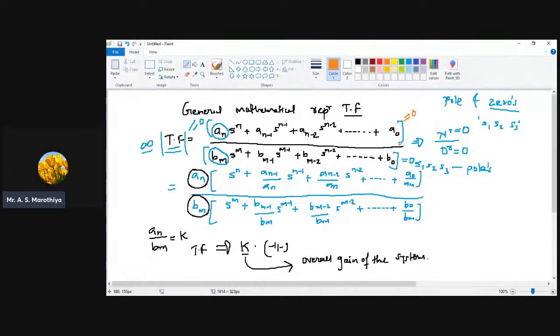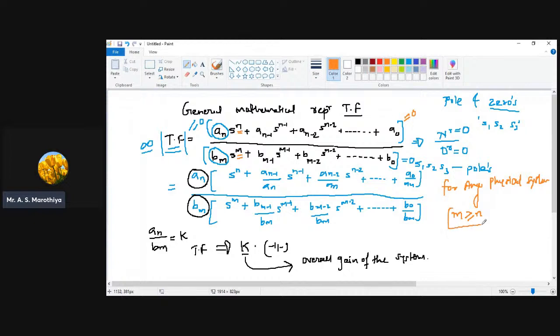That is important. Now for any physical system, this is very important. For any physical system, there is a relationship between this m and this n. And what is that relation? The value of m is always going to be greater than or, at the max, equal to n.